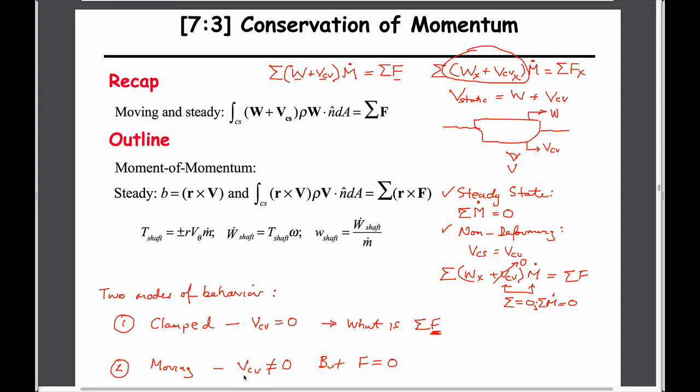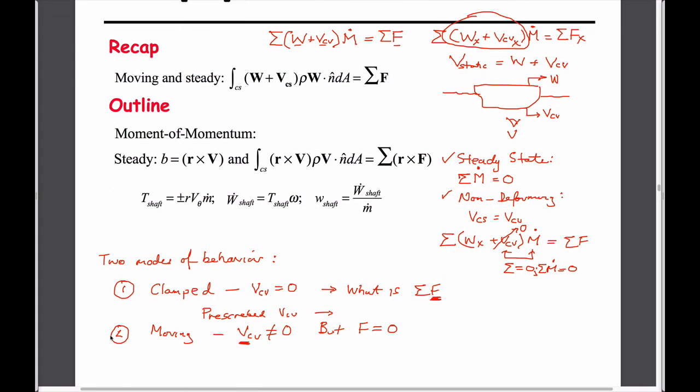The other case, we solve for the velocities that it reaches. And you could imagine that in between these, we could have a prescribed velocity of the control volume, in which case we'd know the velocities, but we'd want to calculate what the forces would be to do that. But these are the two end-member modes, and it's useful to think about that.